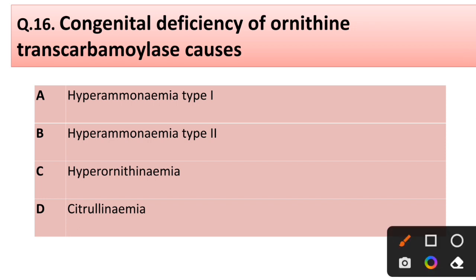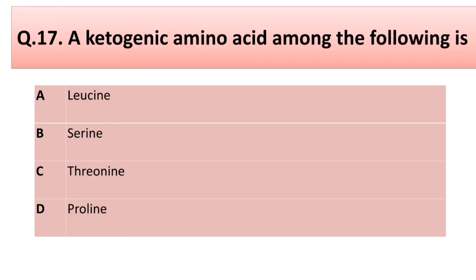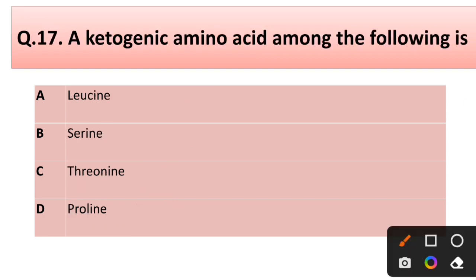Congenital deficiency of ornithine transcarbamylase causes hyperammonemia type 1, hyperammonemia type 2, hyperornithinemia, citrullinemia. Correct answer is option D, citrullinemia. Question number 70. A ketogenic amino acid among the following is leucine, serine, threonine, proline. Correct answer is option A, leucine.